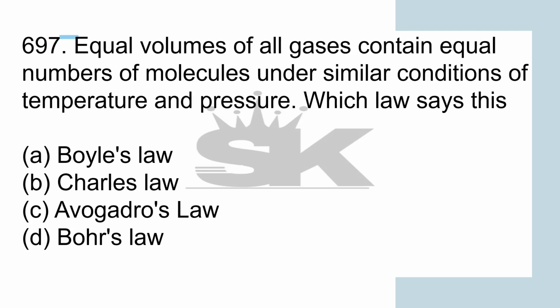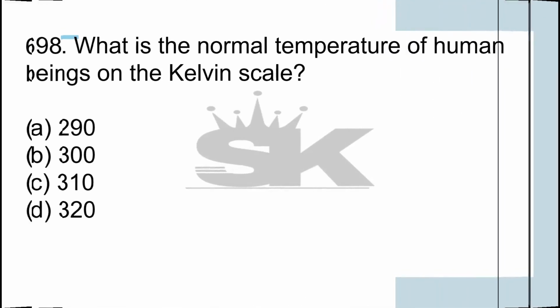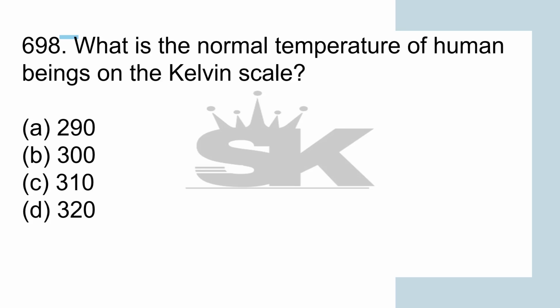It's Avogadro's law. What is the normal temperature of a human being on the Kelvin scale? That is 310 kelvins, which is around 36.85 degrees Celsius, right?